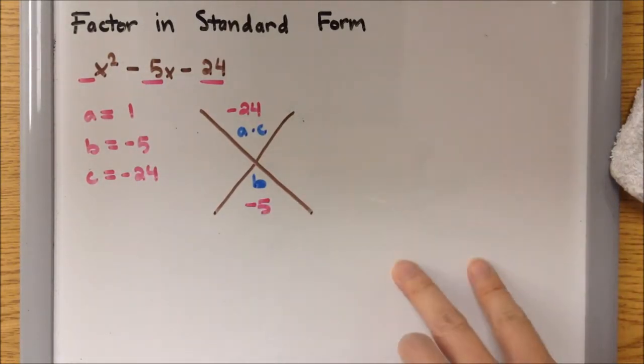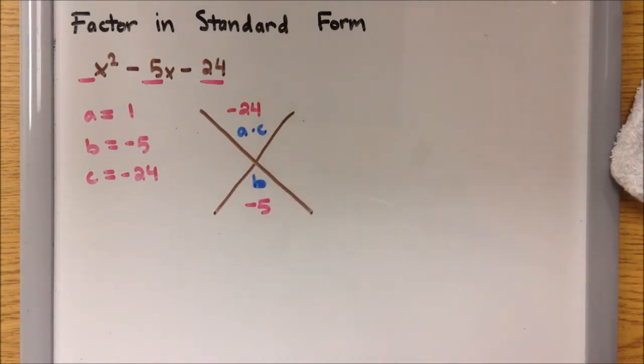What we do on the side is first identify factors of the top part, and then the sum or difference for the bottom part.